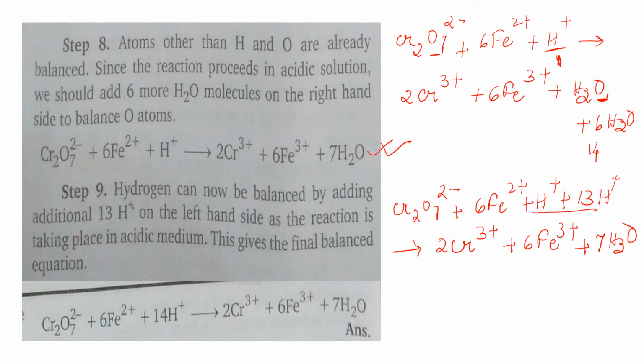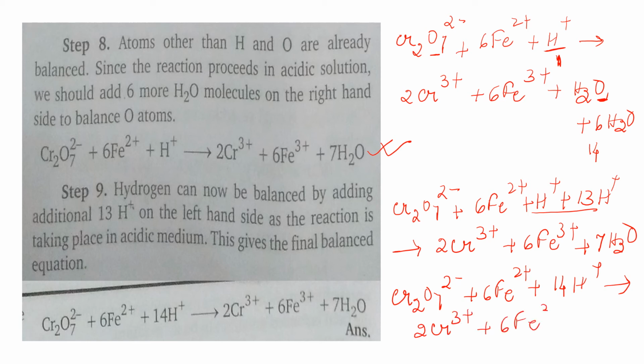Now this will become Cr2O7 2- plus 6Fe2+ plus 14H+ is giving you 2Cr3+, 6Fe3+, 7H2O. Now you see everything is balanced. So this is your answer.